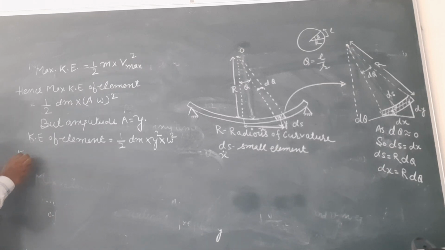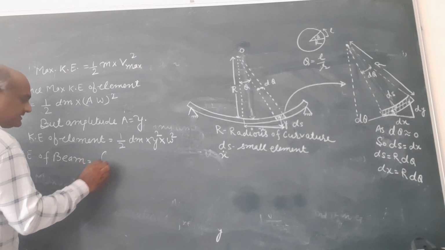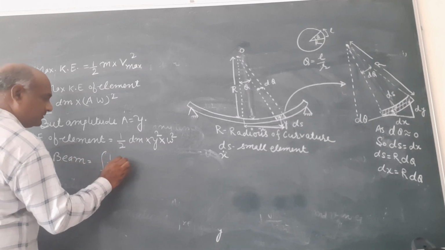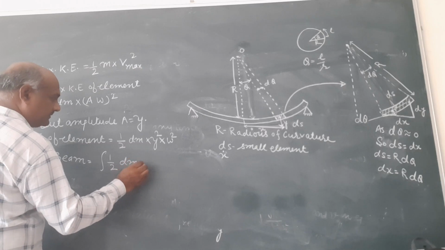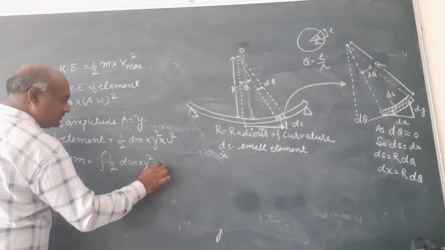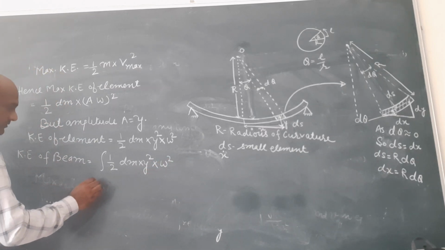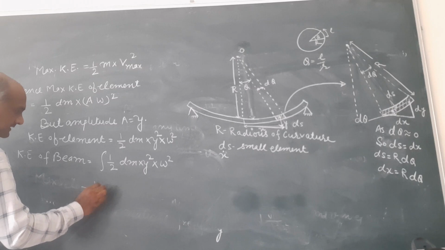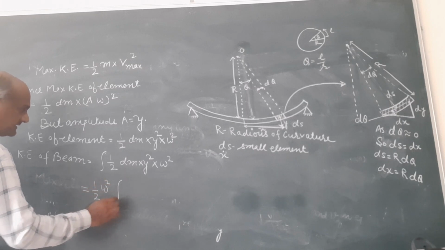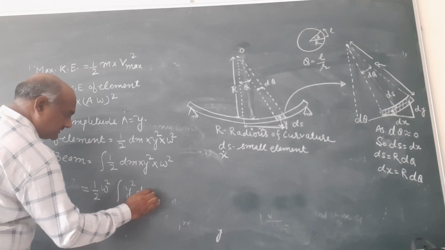Then the kinetic energy of the beam will be the integration of 1 by 2 dm into y square into omega square, which is equal to half omega square times the integration of y square dm.